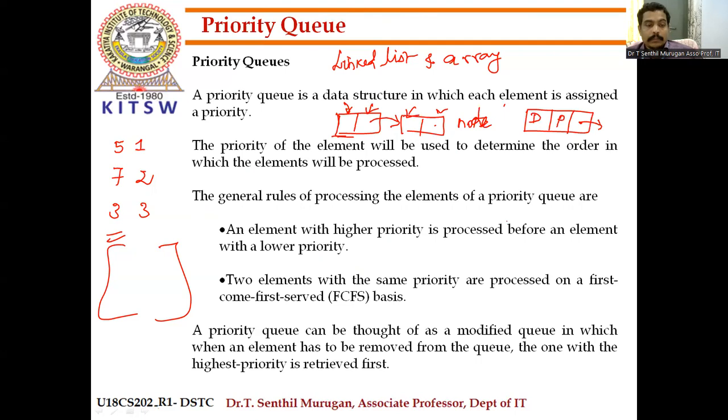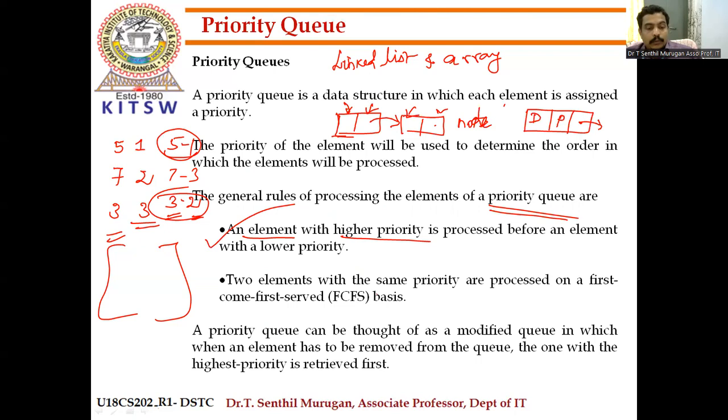In the priority queue, what are the things we have to follow? An element with higher priority is processed before an element with lower priority. If I give 5 with priority 1, 7 with priority 3, and 3 with priority 2, then after executing 5, 3 will be executed next, because 3 has the higher priority than 7.